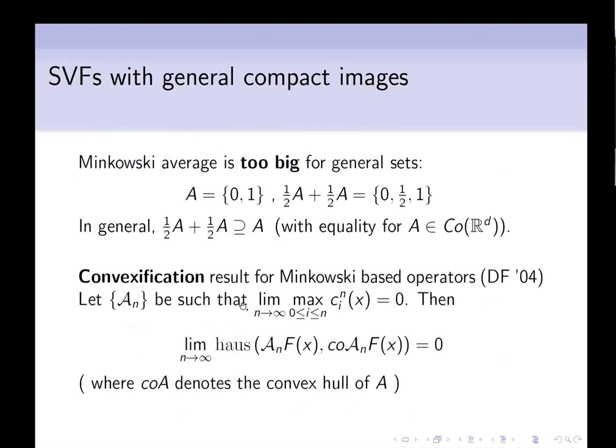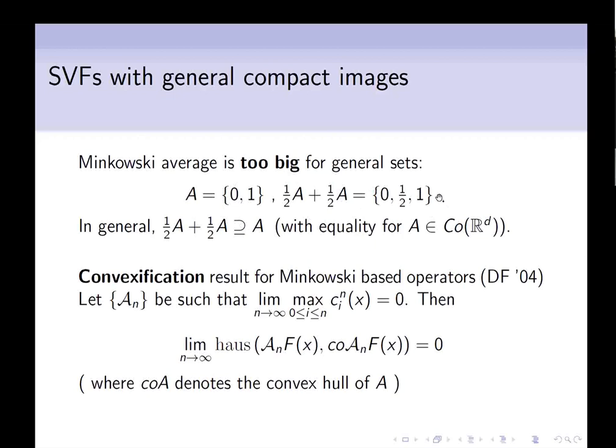If we consider the non-convex case, then the Minkowski linear combination is too big for this set. So let's consider this simple set, which is non-convex, consisting of two elements, and we construct its Minkowski convex combination.